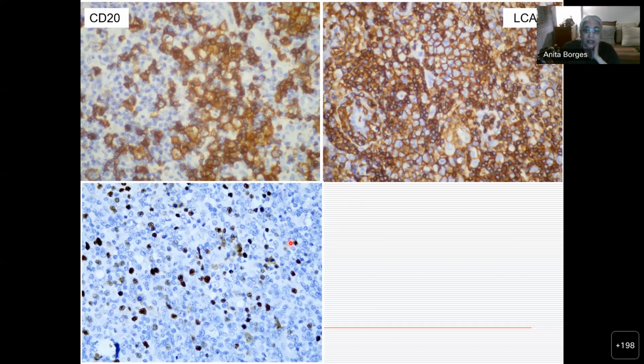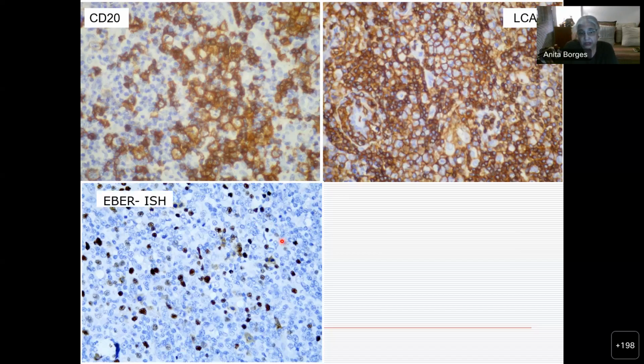And you notice that it's there in larger cells, and it's also present in smaller cells that you see in the background. So it's not just in those large cells, which would make me uncomfortable, because then it would negate the diagnosis that I was thinking about.